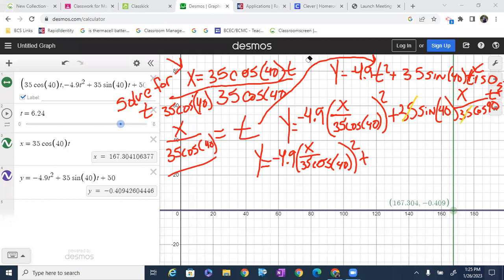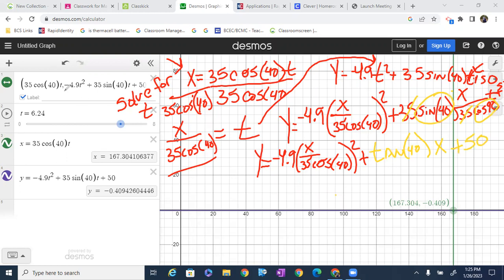It cancels out. There is a sine 40 on the top and a cosine 40 on the bottom. Well, what is sine over cosine? That is tangent. So that becomes tangent of 40 times x. Okay, and then we have plus 50 on the end, the initial height.